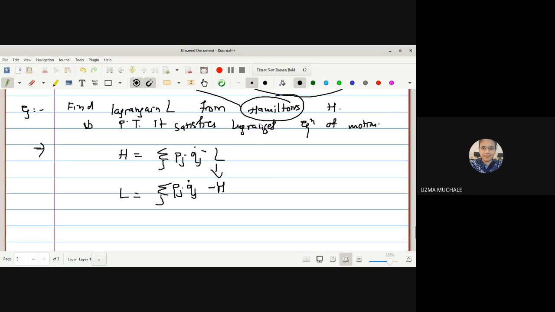Are you getting me? So from the equation of the Hamiltonian, derive the equation of the Lagrangian, and for the new Lagrangian that we found from the Hamiltonian, we have to prove that it also satisfies Lagrange's equation of motion.